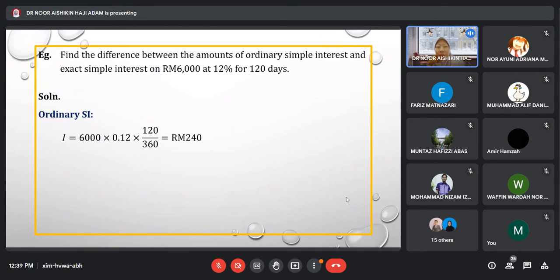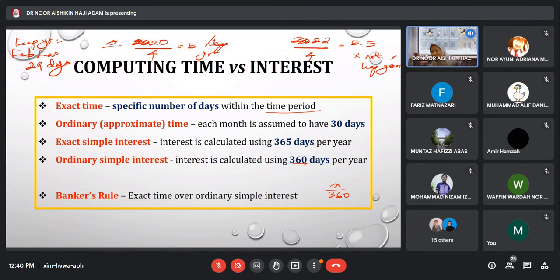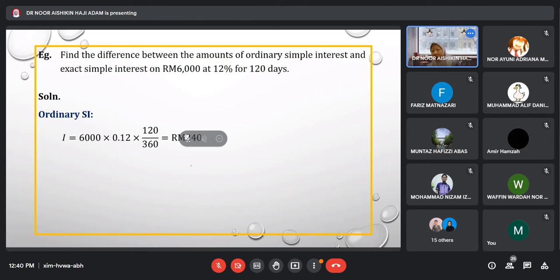Okay, kalau ordinary simple interest, the interest amount would be P times R times T. Your T would be 120 over 360 sebab ordinary simple interest. Ini tadi, ordinary simple interest, we assume there are 360 days per year. Okay, so you divide the number of days by 360. And the total interest is 240 ringgit.